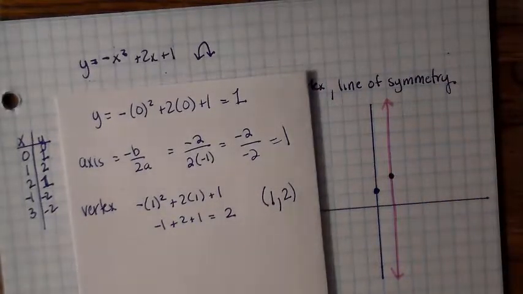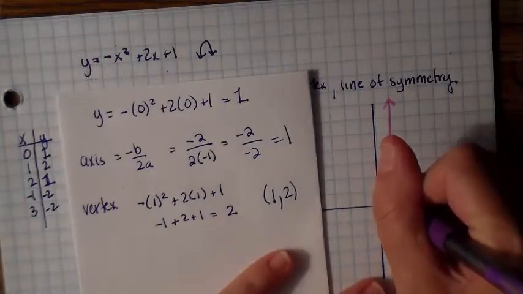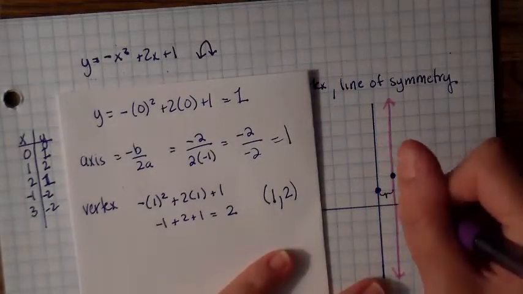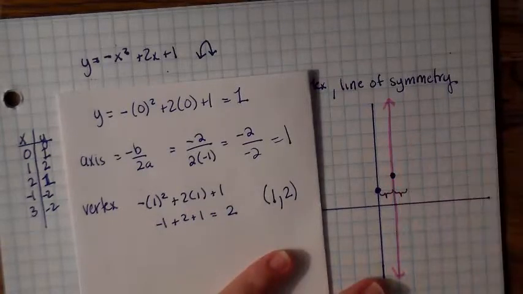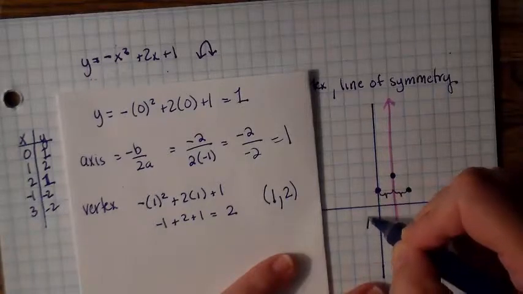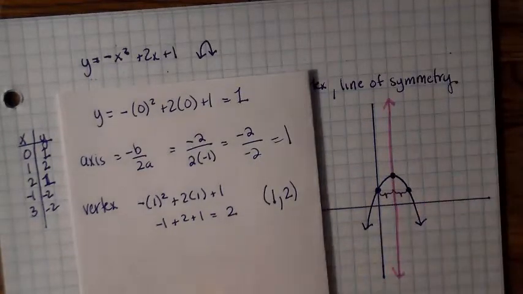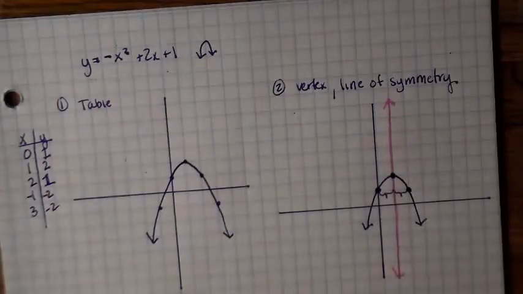And then finally, a parabola is symmetrical. So I move the same number of spaces from the y-intercept, and I make another dot. Now I have my curve, and I can graph my parabola. So let's try another example using both methods. That one's not pretty.